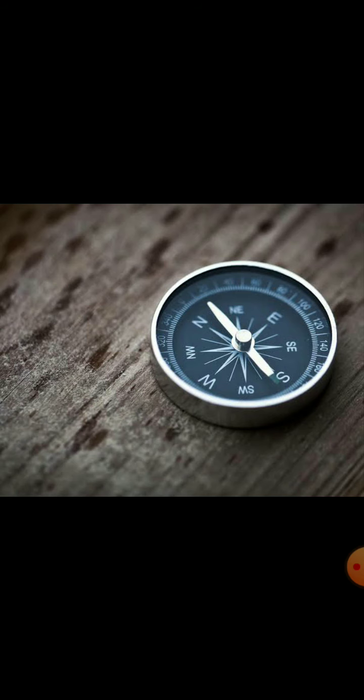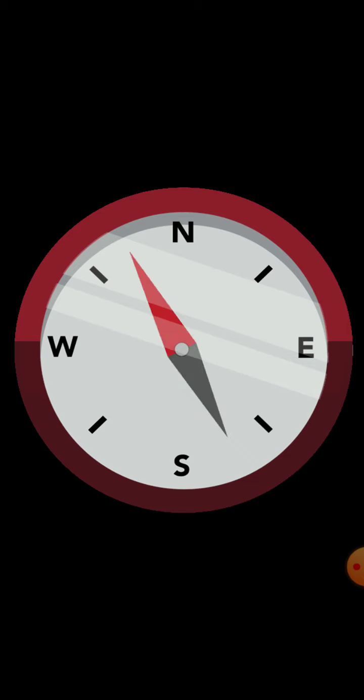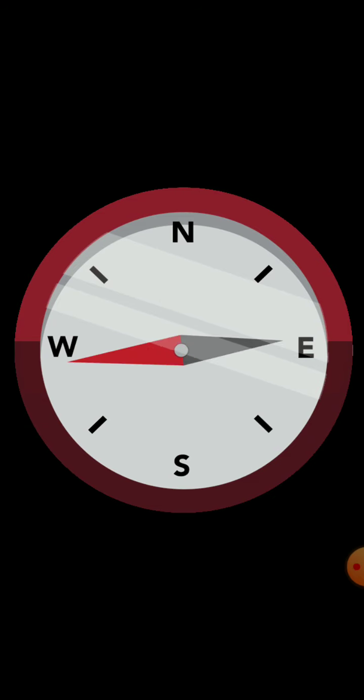What do you think? What will be the observation? When we plug the key, we will observe that the needle is deflected. What is the meaning of the needle being deflected?